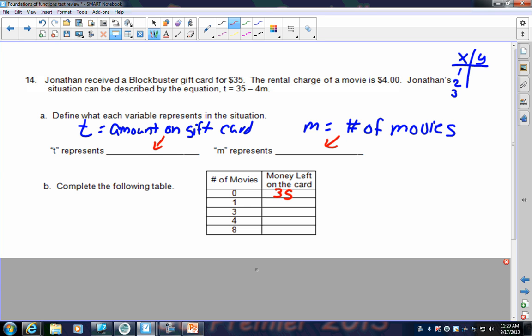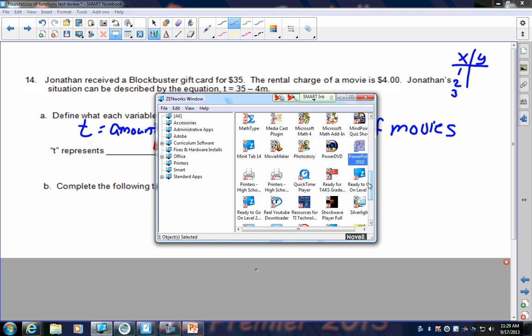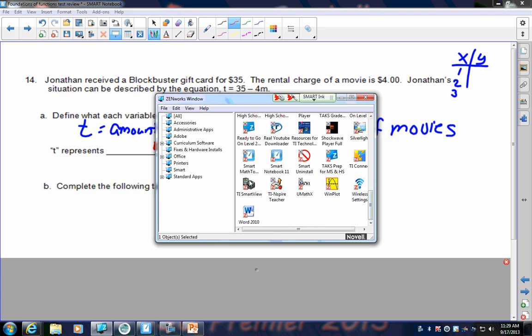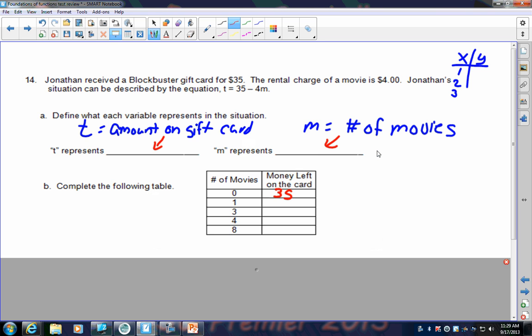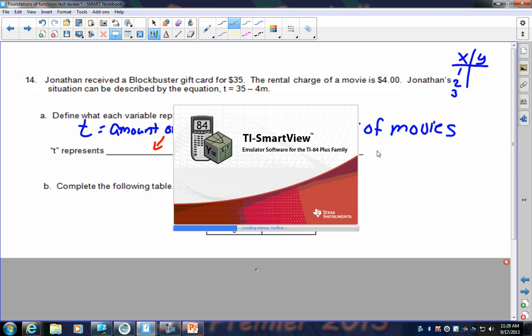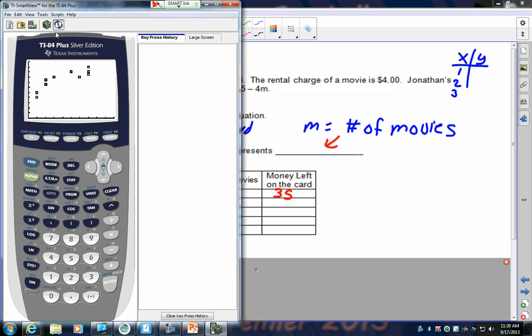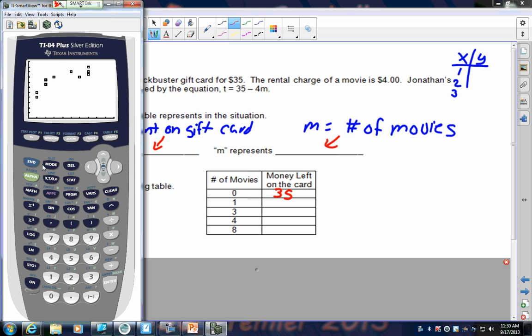Now what may make it easier for you is to grab your handy dandy calculator. And we're going to go in here. Now I would clear my memory. Second plus sign, 7, 1, 2. Now let's put our equation into y1.